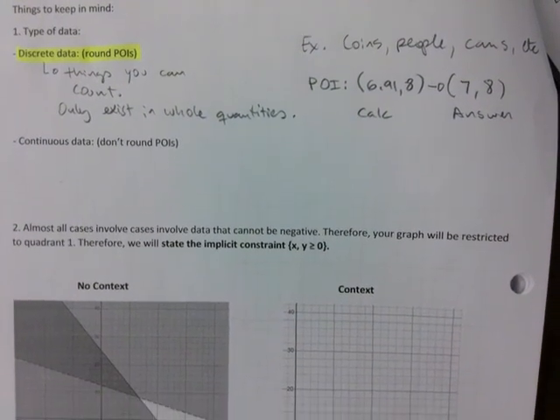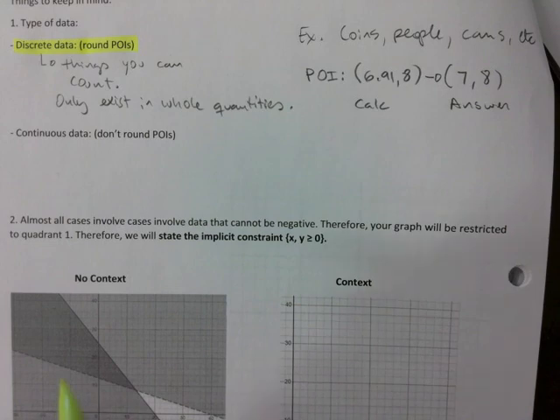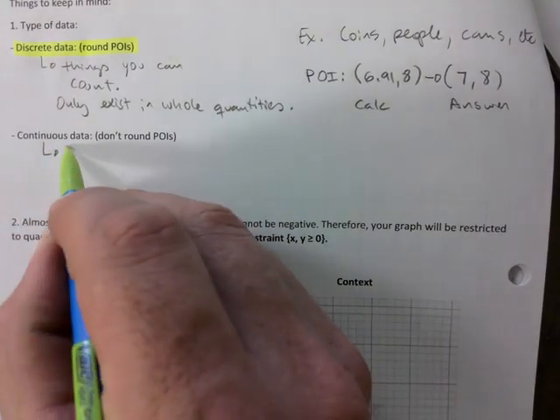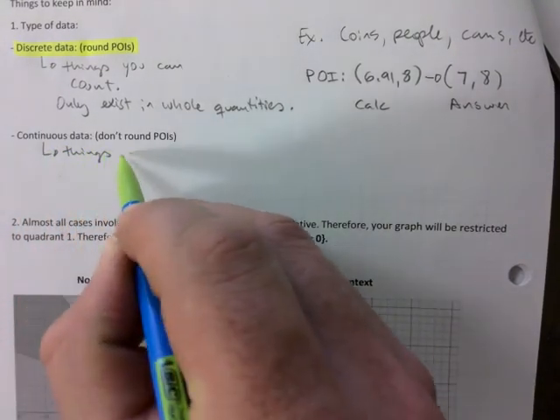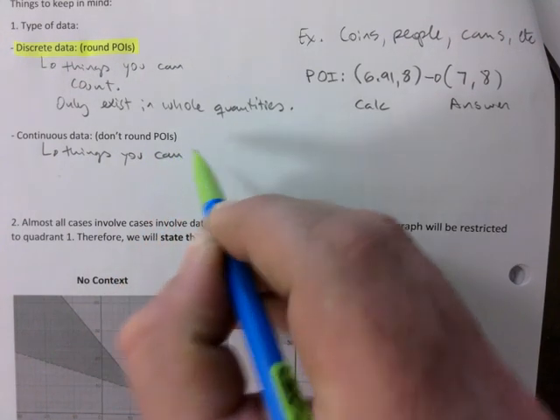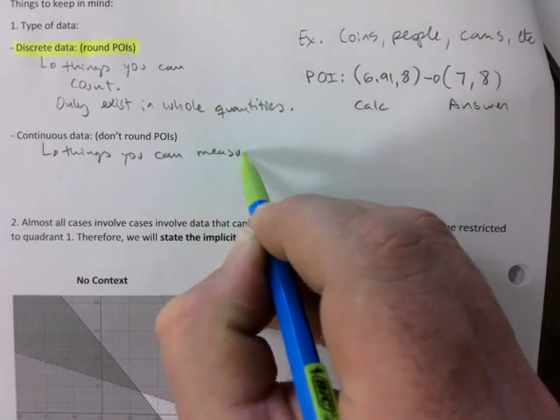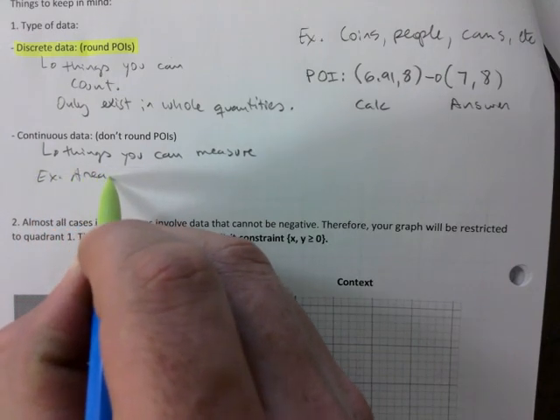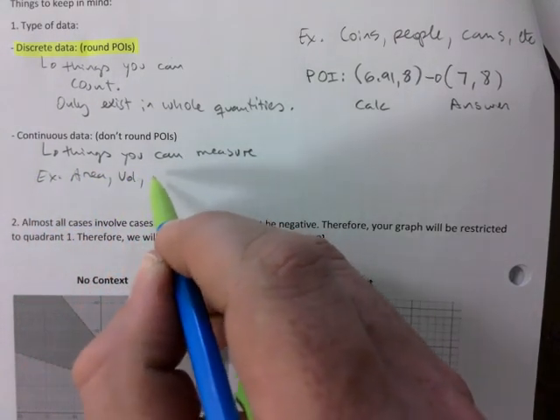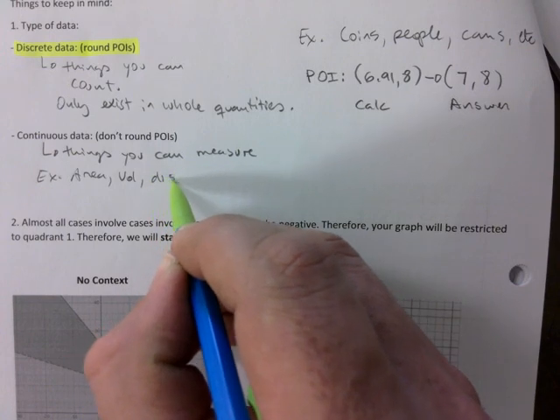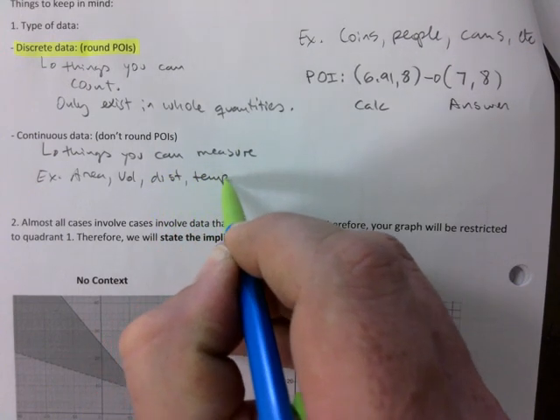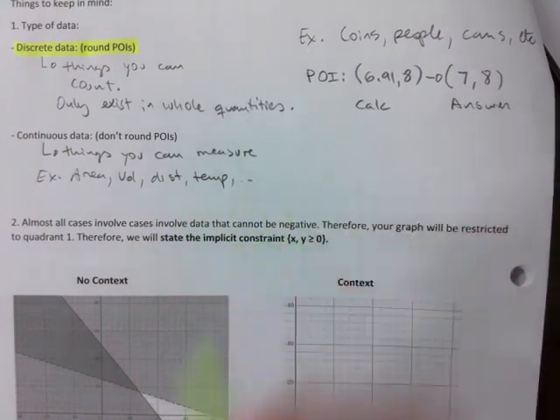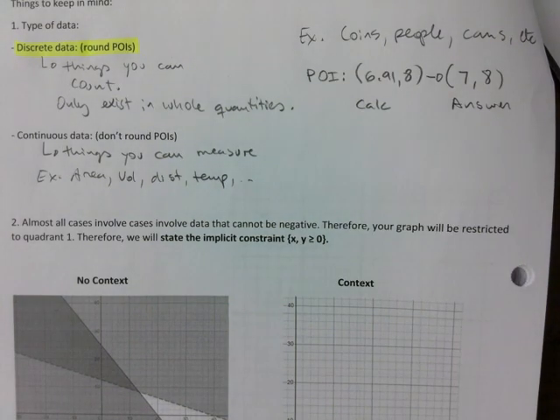If it's continuous, I think of things you can measure. Examples would be area, volume, distance, temperature, you name it. All those things can be measured. That's continuous.